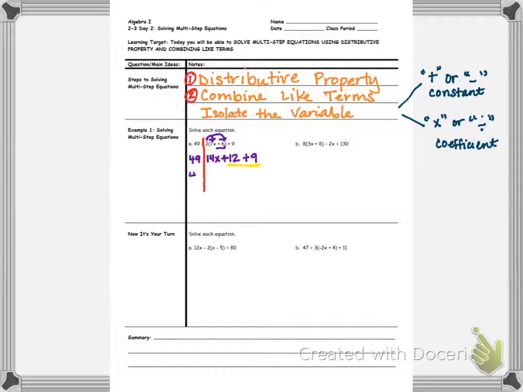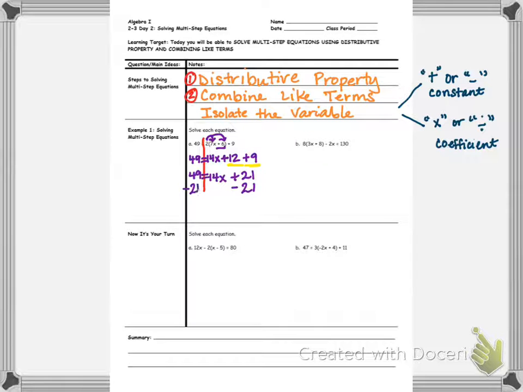All right, so now I have 49 and 14x. There were no like terms to combine, so I stay there. Then I do 12 plus 9, and that is a positive 21. Okay, and so now we see 49 equals 14x plus 21. We now have a two-step equation, and we can just solve as usual.